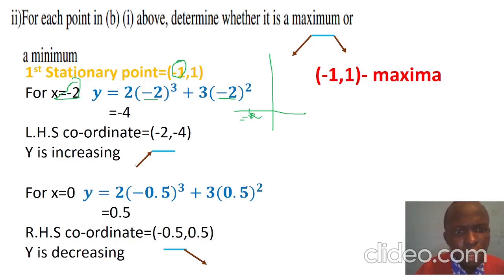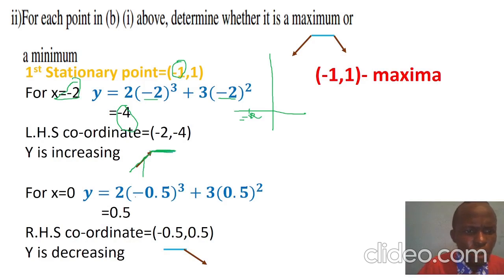Now, how is it curving? If I substitute the value of x here, I will get -2 cubed is -8, -8 times 2, -16 plus that. You're going to get this. Now that means that the value of y is going downwards. It's going downwards, and this is the turning point. There is a turning point.